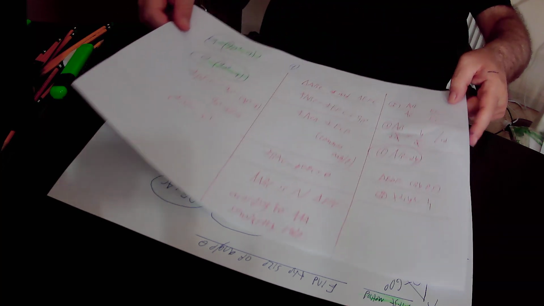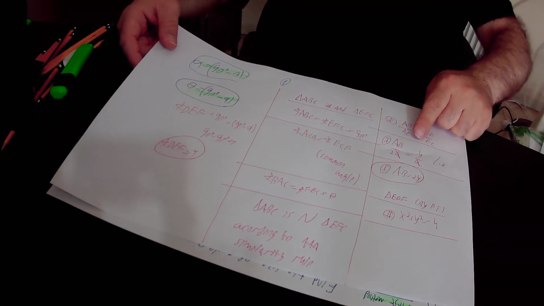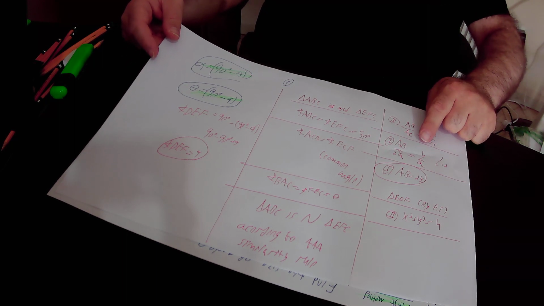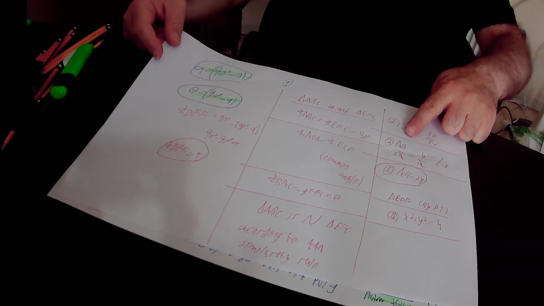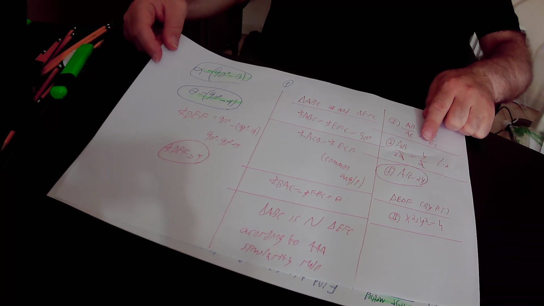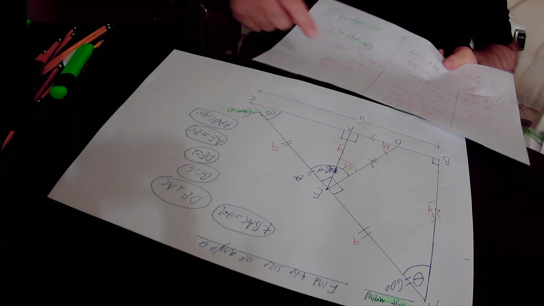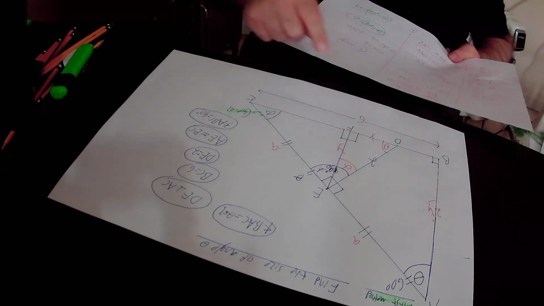So in conclusion, we found that AB over 2a equals y over a. We have a on both sides of the equation, so a gets cancelled. And we multiplied the equation number 1 by 2, and we found that AB equals 2y. So we can write here that AB equals 2y.